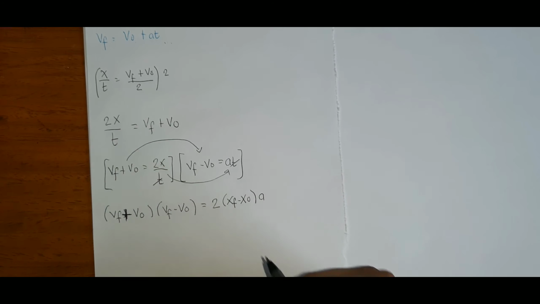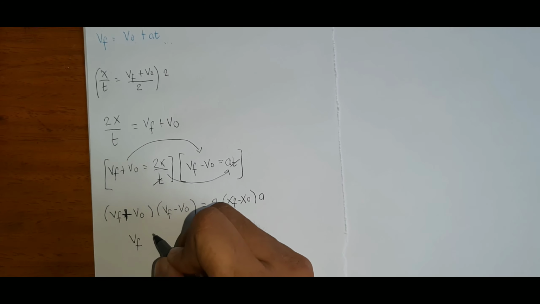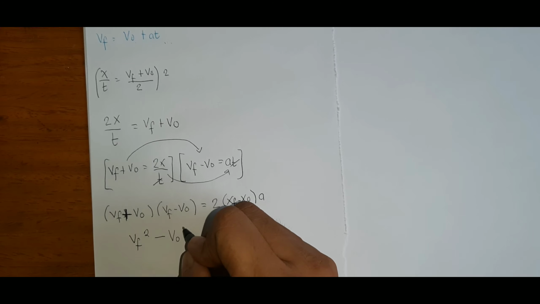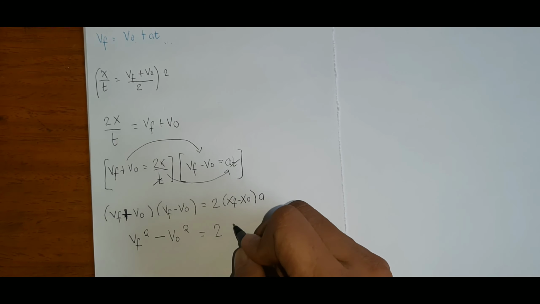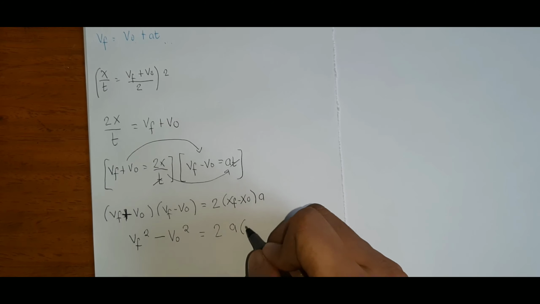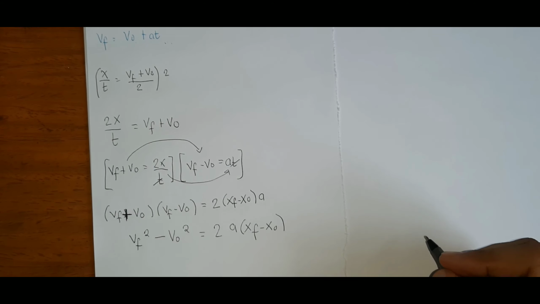To simplify this one, you will get vf squared minus v sub o squared is equal to 2a, which is your acceleration, times x sub f minus x sub o.